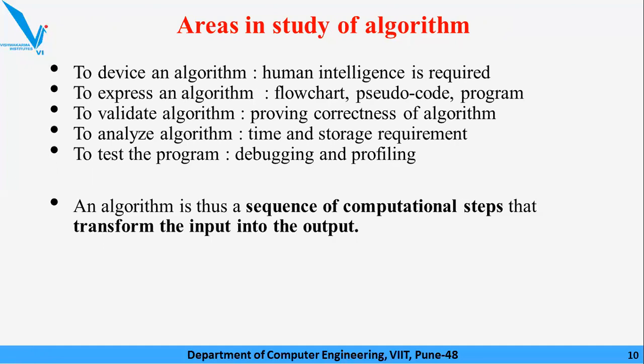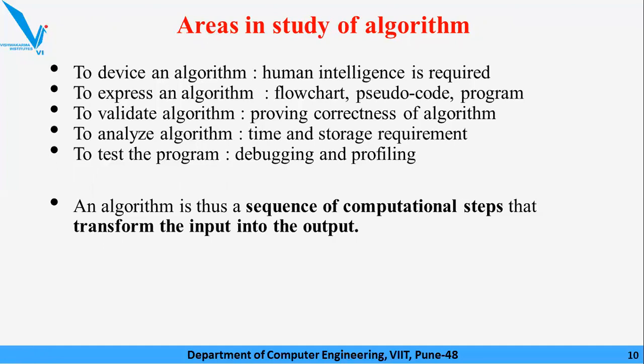The third step is to validate the algorithm, that is, proving correctness of the algorithm, analyzing the algorithm, and testing the program. Validation of an algorithm is nothing but proving the correctness of the algorithm, as we discussed in the previous video.